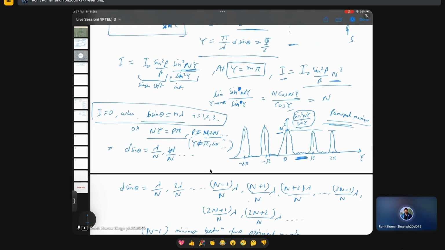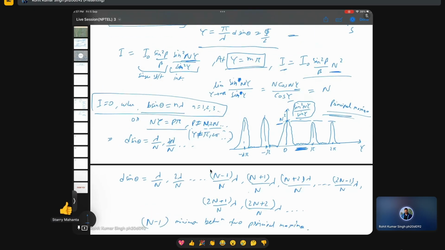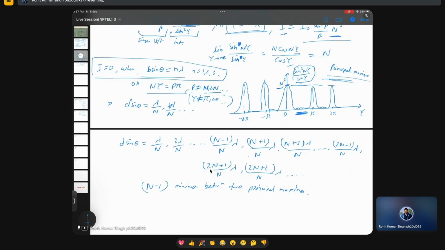We saw that gamma equal to m pi was our principal maxima. Gamma equal to n pi p, which will also be the condition for minima, right?